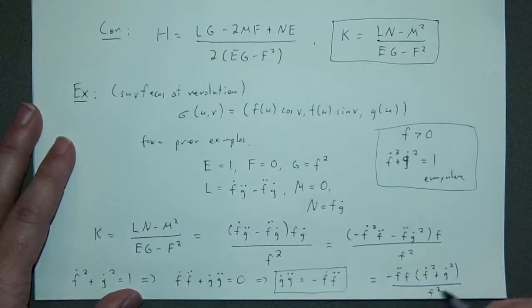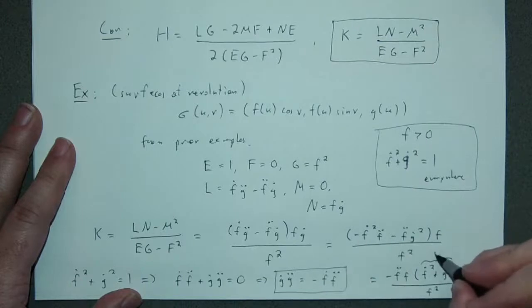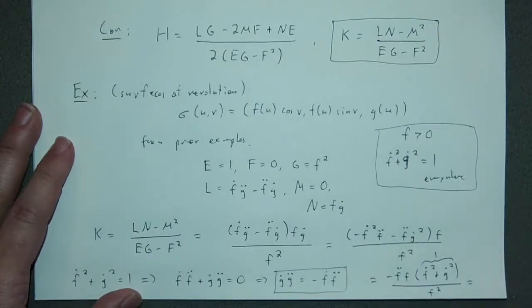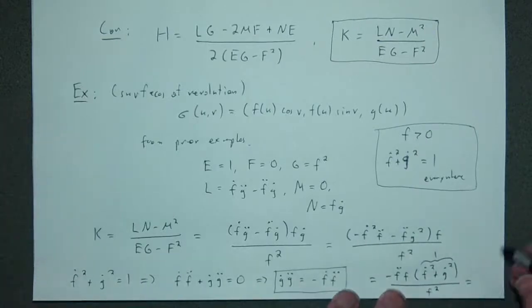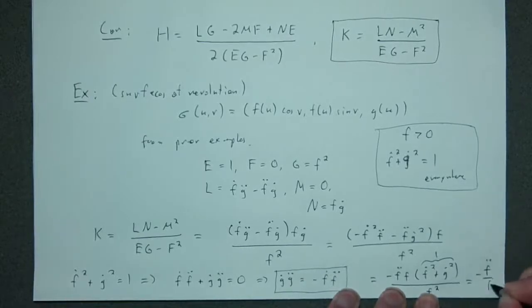Or simplifying, since this is 1, f cancels with f squared here, so what I get is minus f double dot over f.